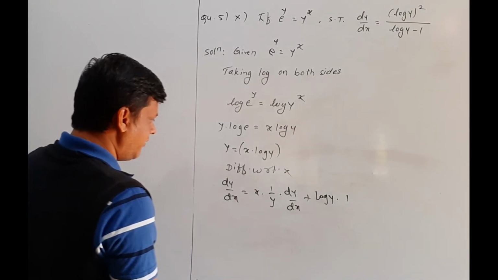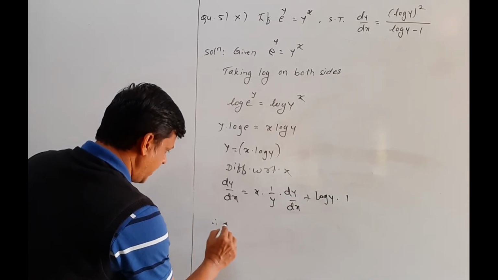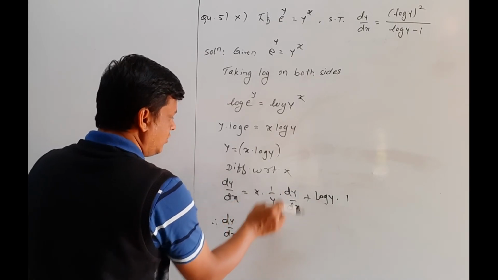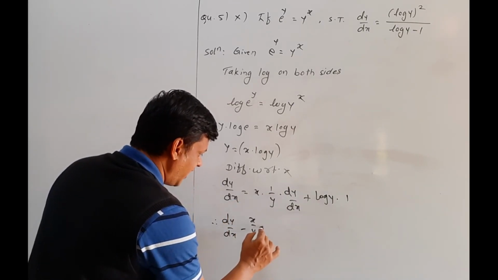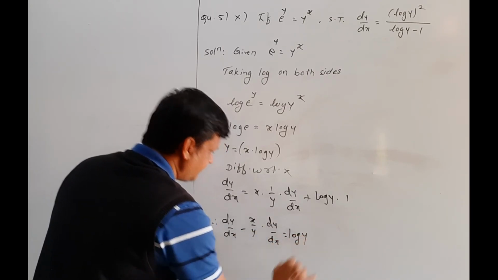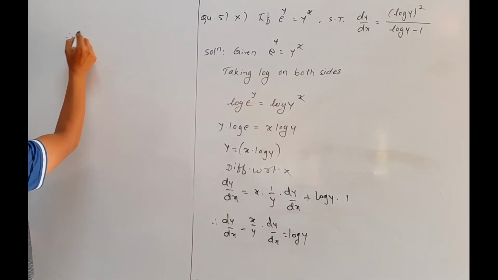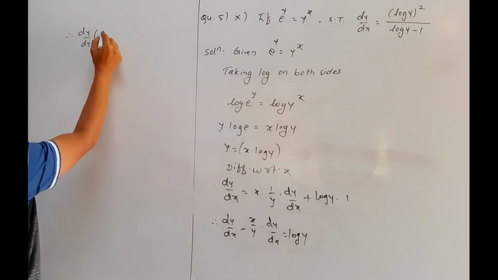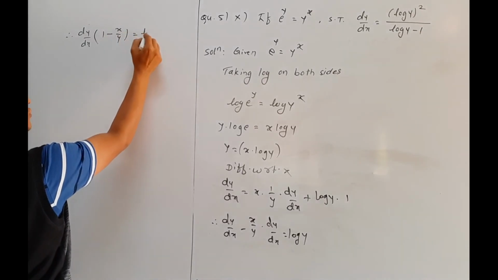Now we require dy by dx. So transfer this dy by dx to the left hand side. So write here dy by dx minus this x into 1 by y, we write x by y. So minus x by y into dy by dx is equal to log y. Now take dy by dx common from the left hand side. So write dy by dx in bracket (1 minus x by y) is equal to log y.